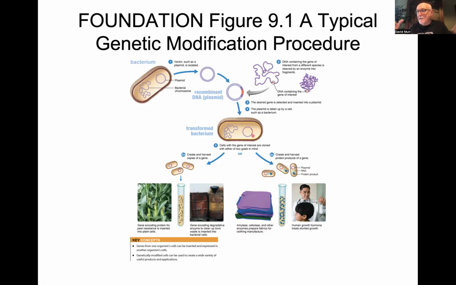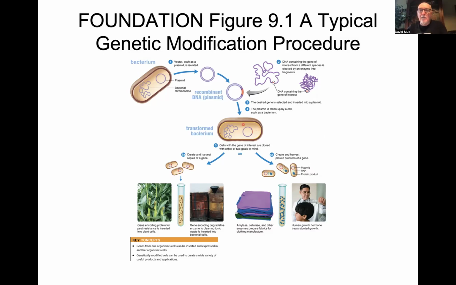We get billions, trillions of bacteria growing, and they start to read off the product of this gene, which in this case is human growth hormone. We can then extract the human growth hormone, which is now a product of this recombinant DNA in the bacterial cell.